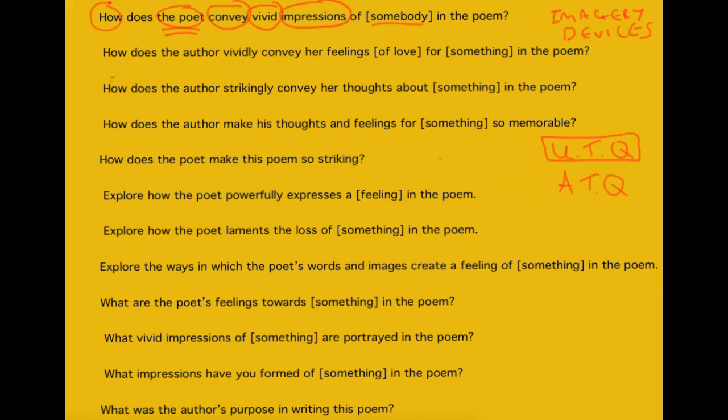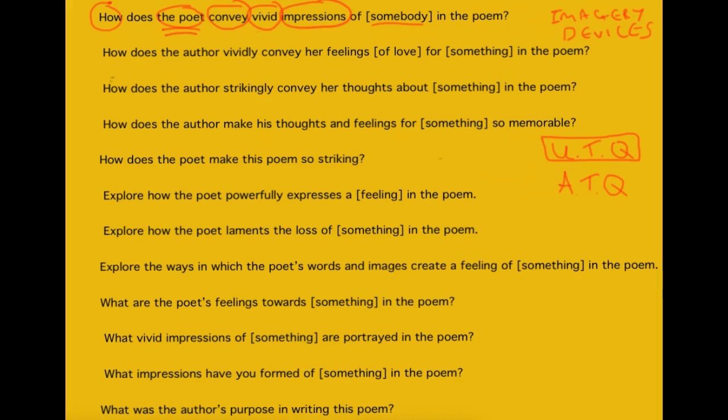Convey is the next key word, and convey means to show, or to portray. And you will see down in the other questions that there's a couple of other ways an examiner might ask you the same thing: convey, make, portray, demonstrate, and so on. Vivid is by definition something strong, clear images that the author puts in your mind.